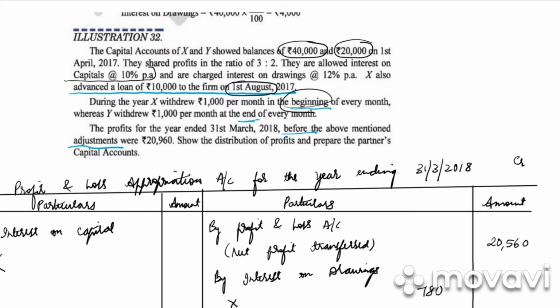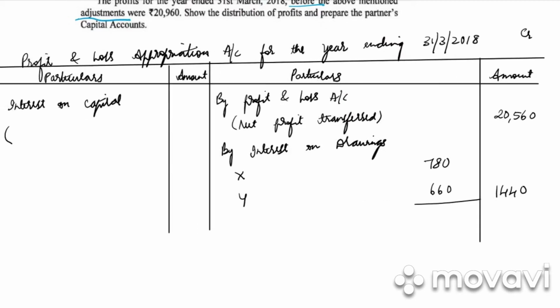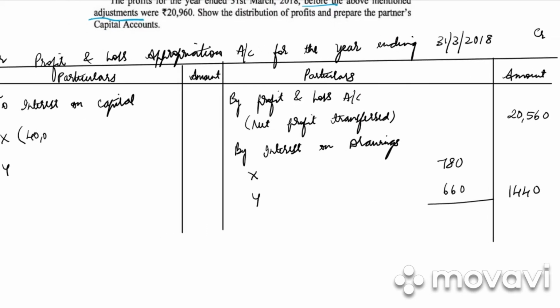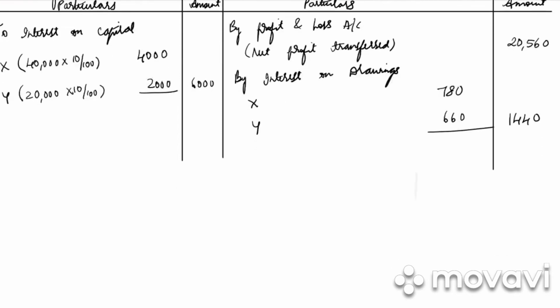At 10% per annum. So we write 40,000 into 10 by 100, 4,000, and 20,000 into 10 by 100, that is 2,000. We get 6,000 rupees.